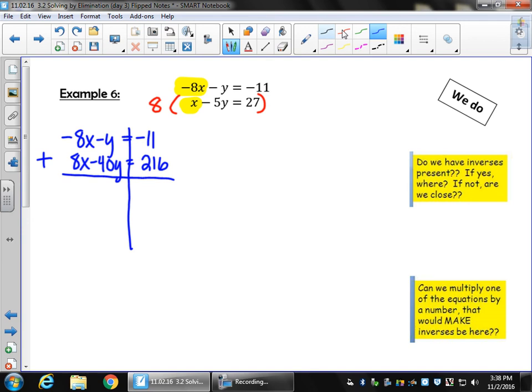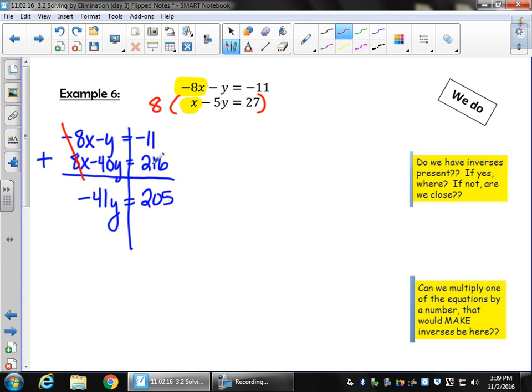Negative 8x plus 8x cancels. And now I have a negative y plus negative 40y, or you could just read it, negative y minus 40y is negative 41y equals negative 11 plus 216. In your calculator, negative 11 plus 216, or mentally, equals 205.